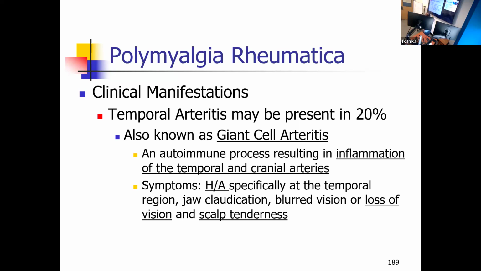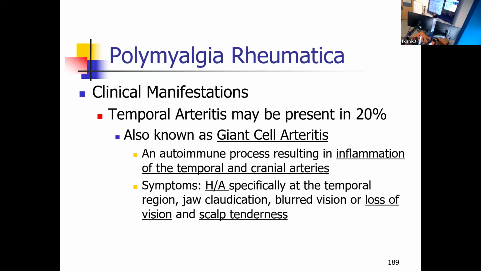If a patient comes in and tells you, I'm having scalp tenderness, you know it's giant cell arteritis. And then it's your job to figure out whether the patient with giant cell arteritis also has polymyalgia rheumatica. And I'll explain. They'll also complain of just generalized headaches and loss of vision on just one side.